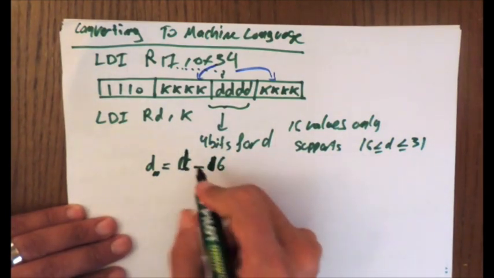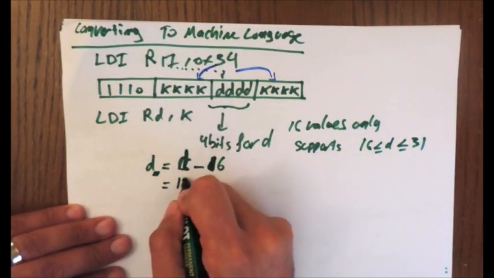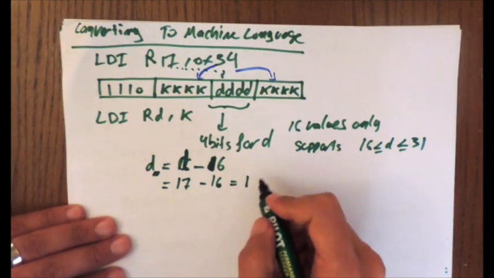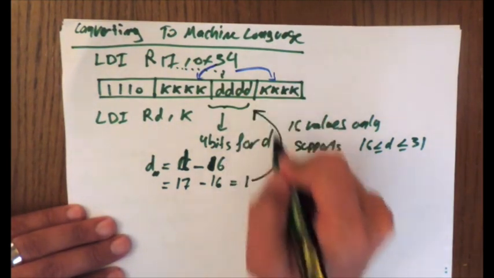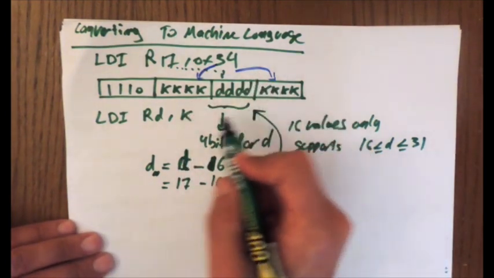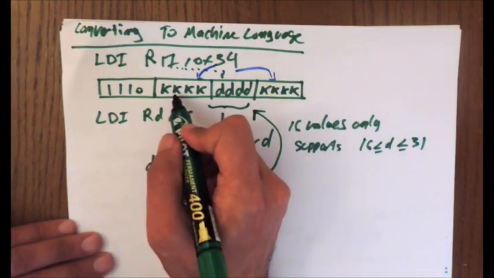So in this case, if I have 17 as my D, D minus 16 will be 1. So this is what will go into this D. The K is 8 bits. We put the least significant bits here and the most significant bits there.